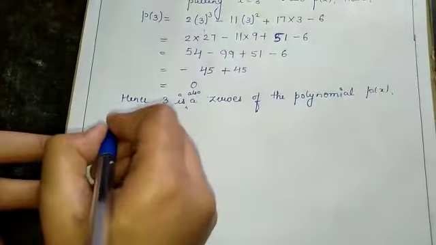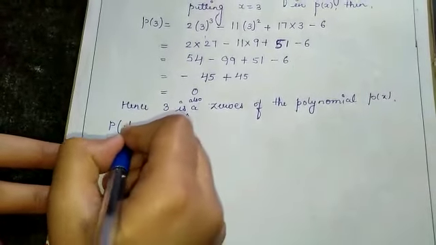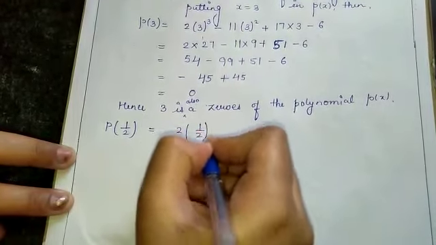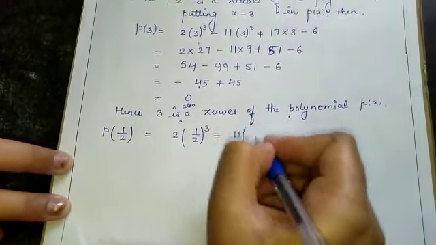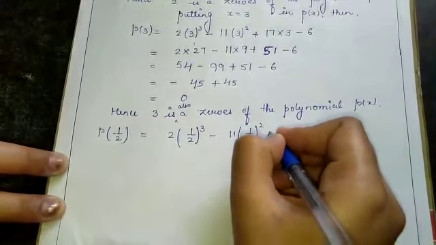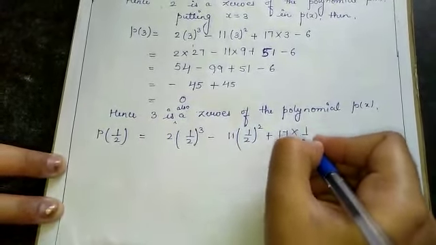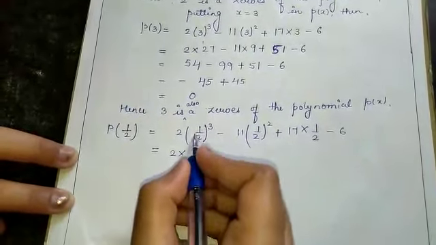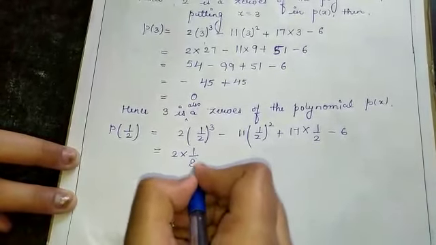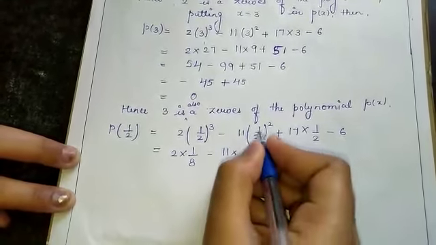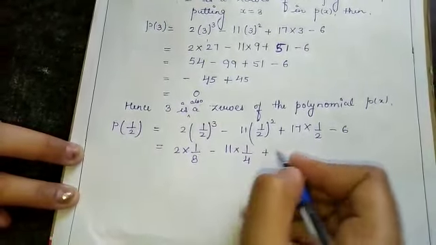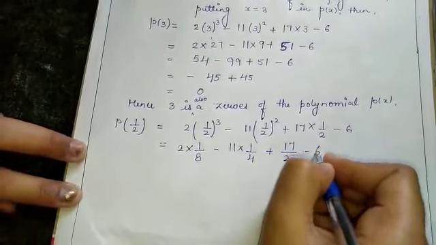Third is 1 by 2. Now taking x as 1 by 2: 2 into 1 by 2 whole cube minus 11 into 1 by 2 whole square plus 17 into 1 by 2 minus 6. So 2 into the cube of 1, which is 1, and the cube of 2 is 8, minus 11 into square of 1, which is 1, and square of 2 is 4, plus 17 upon 2 minus 6.